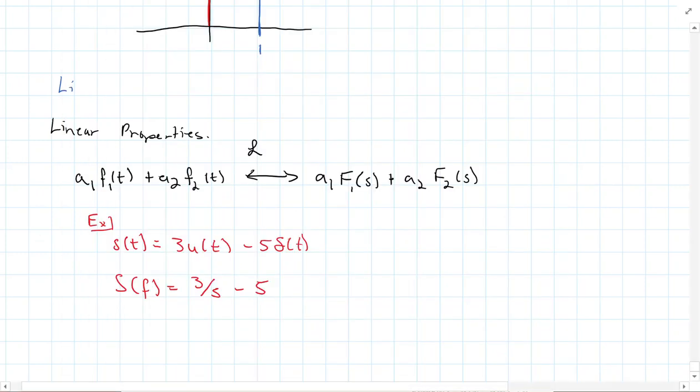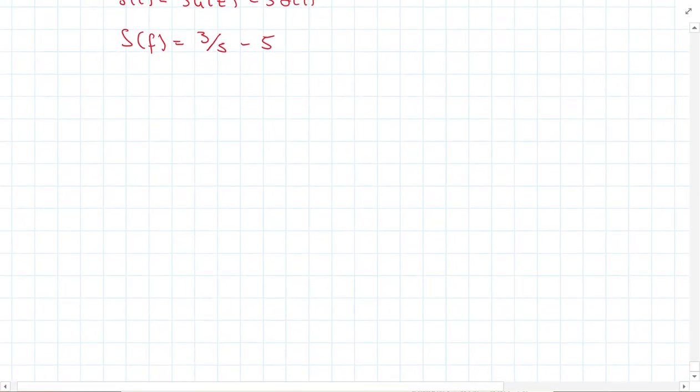This is actually going to be useful when we're trying to do circuit analysis, because we have derivatives in our voltage and current relationships for capacitors and inductors. So the question is, what happens when you take a derivative of a function and you want to do the Laplace transform of that?